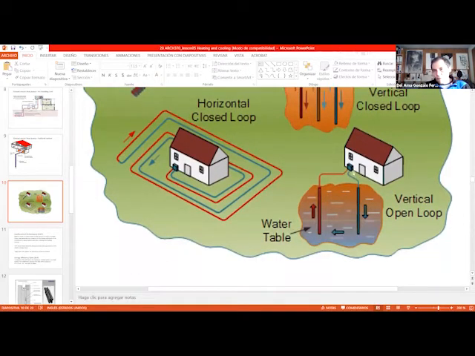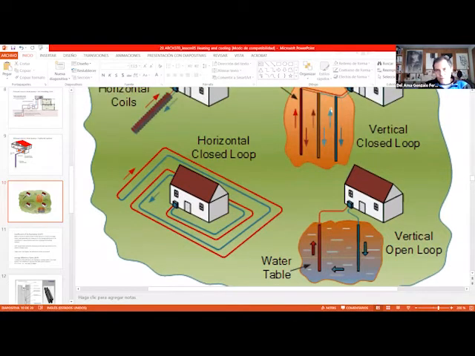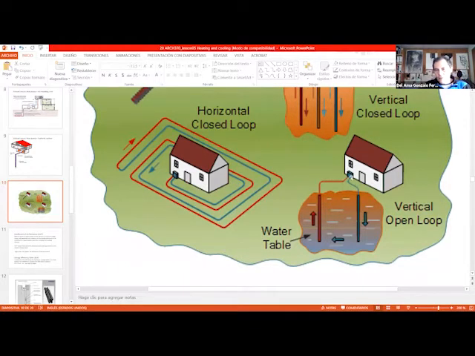But this is not closed. We are releasing water, and then we are taking water from here. This is more efficient. It's easier because we don't depend on those loops and those pipes. It's complicated. Here, we don't have to complicate things. If we have this source of water close to the house or the building, it's quite easy.